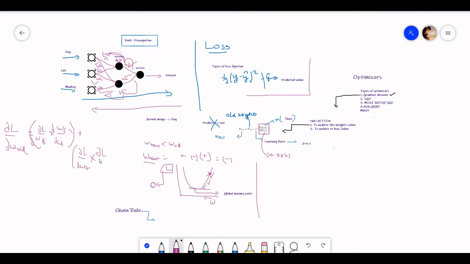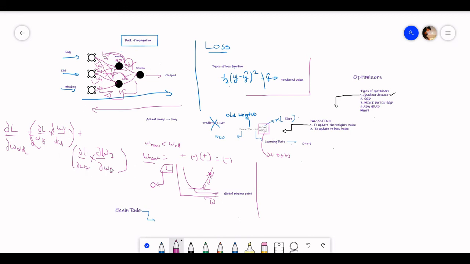Del L by del W7 depends on W5, and similarly inside this we also have this and this. So it will be a second cycle, a third cycle, and this and this. Similarly, at this and at this.